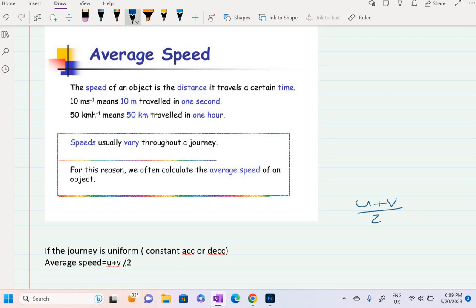If I have what? If I have a constant acceleration or deceleration, that means the acceleration doesn't change, it's constant. Okay? So if I have only 2 speeds, initial and final, then I can just add them and divide them by 2. Okay?